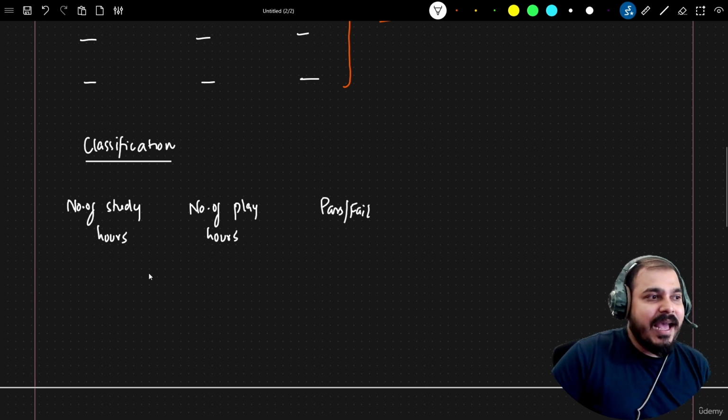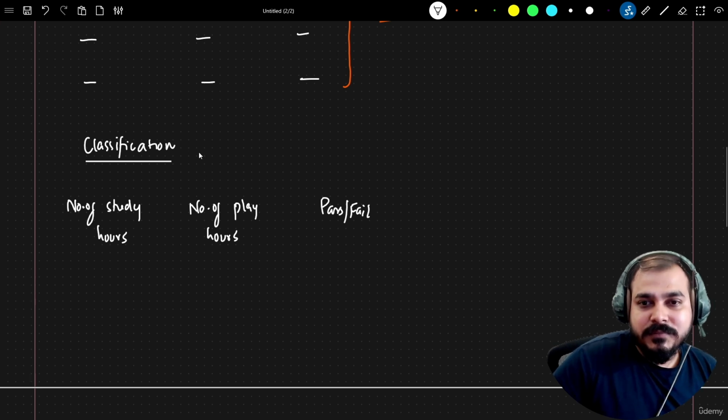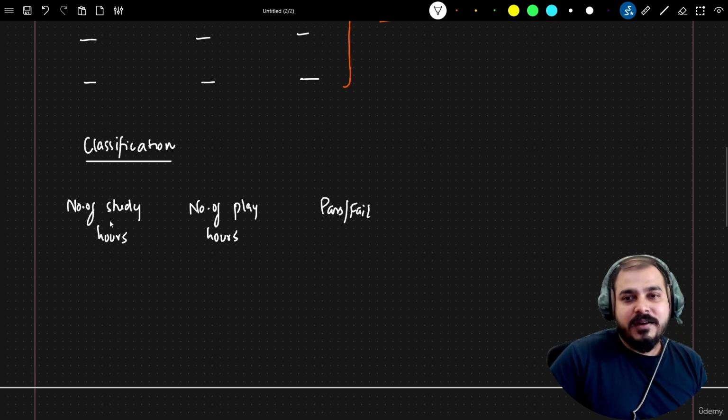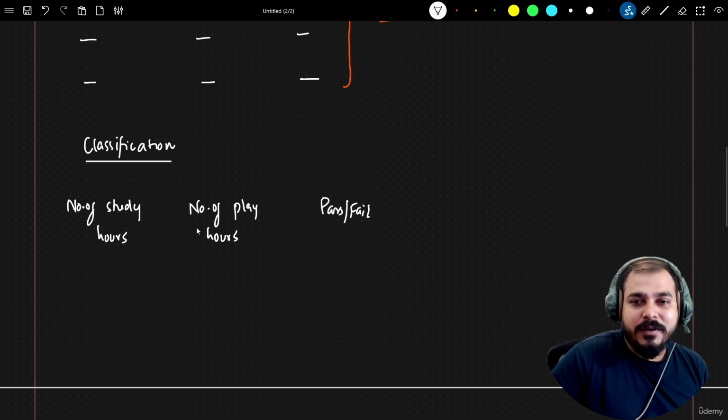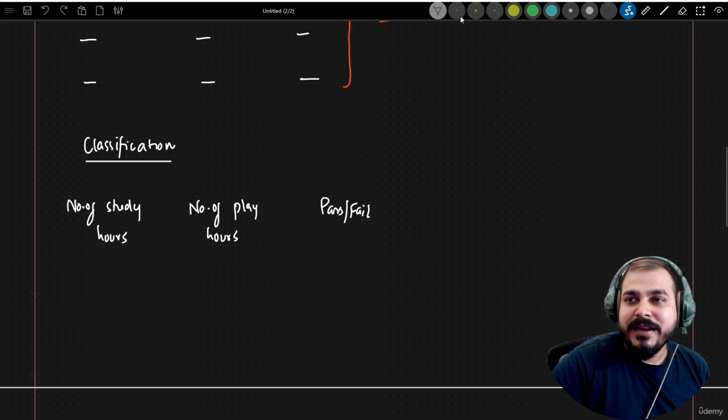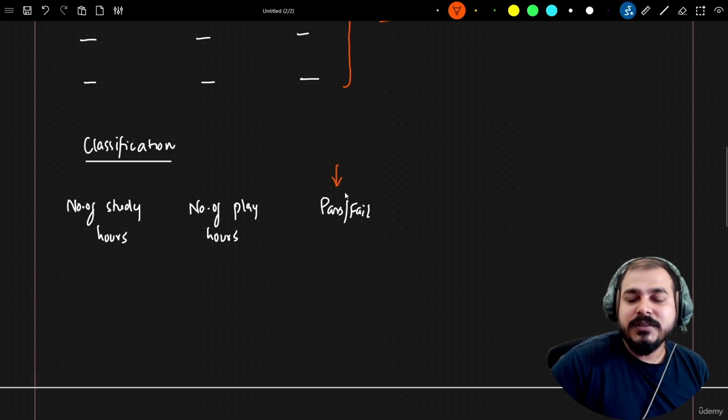So let's say I have a data set which has these features. Here my input features are number of study hours and number of play hours, and based on that we really need to determine whether the person is going to pass or fail.